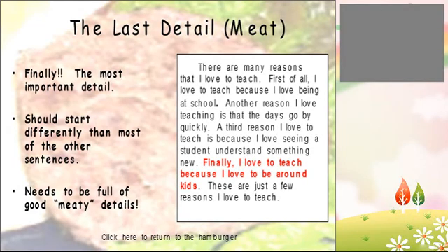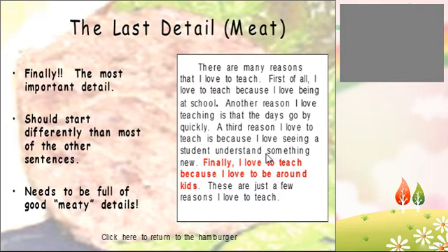And the last detail, which is the meat. In our Moroccan culture, we keep meat at the end of the meal because it's the most important element in the meal. So we keep the most important sentence at the end of the paragraph because it's the most important thing.